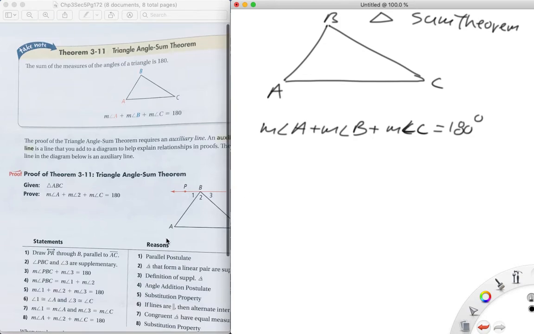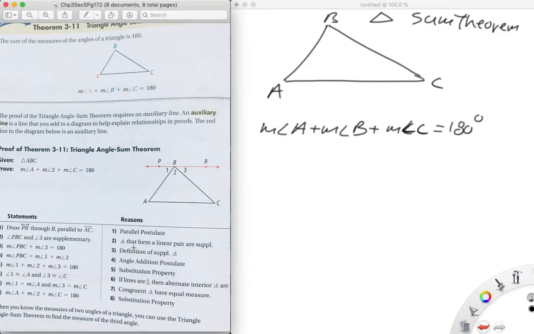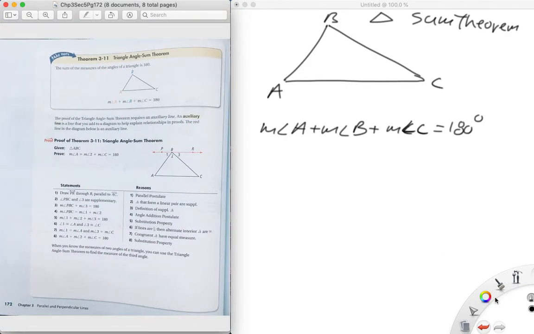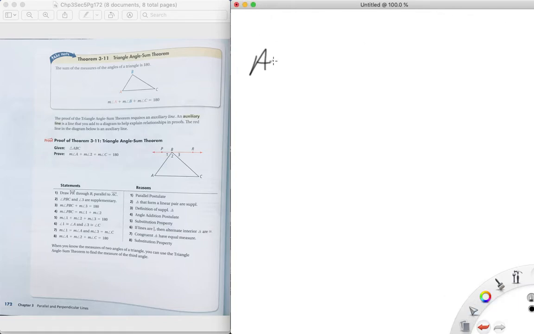Here is the proof. The reason why we did the parallel postulate is because we can draw something called an auxiliary line. An auxiliary line is a line that you can put into any type of scenario to help you prove a proof.